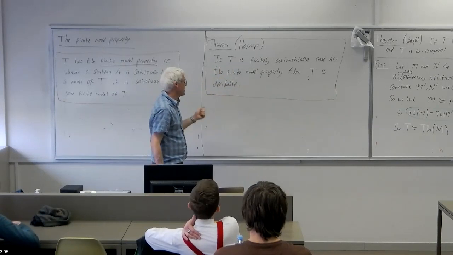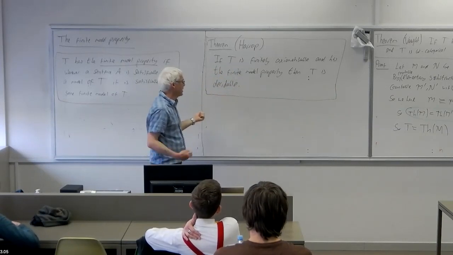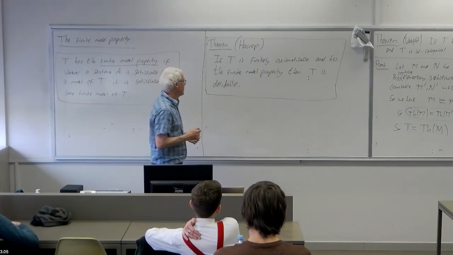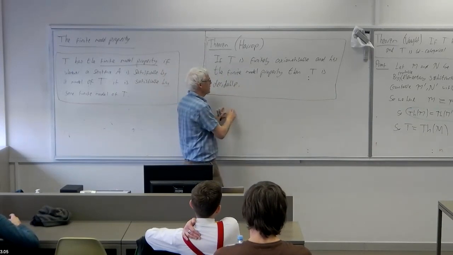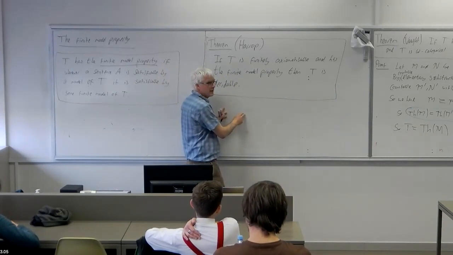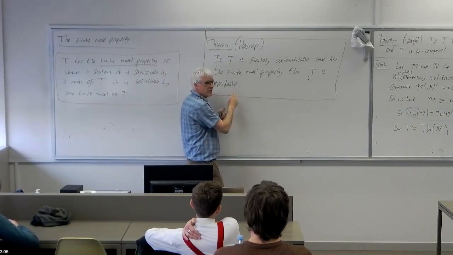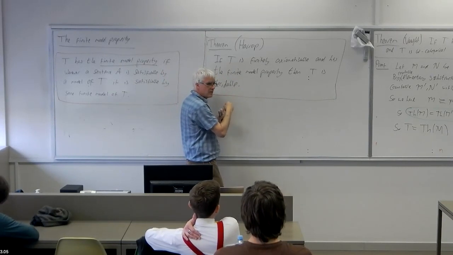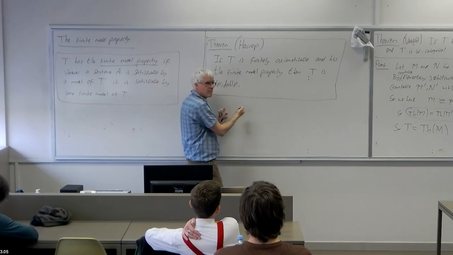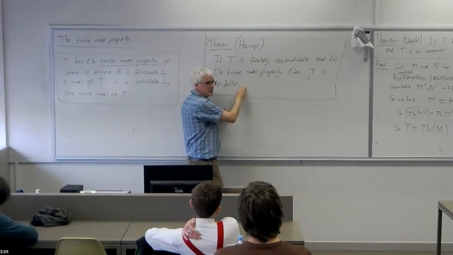Given a sentence A, we need to find a way of checking if A is not a consequence of the theory T. Now, if A is not a consequence of T, then the negation of A is consistent with T. So there exists some model of T that satisfies the negation of A. By the finite model property, there's a finite such model.